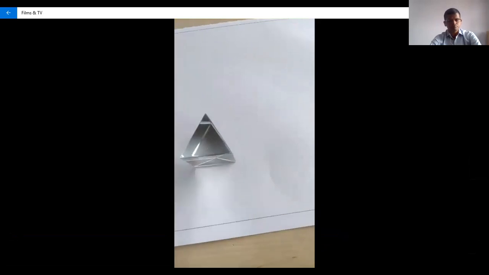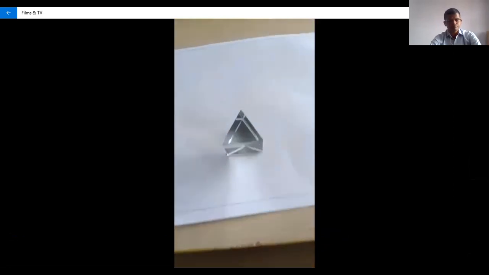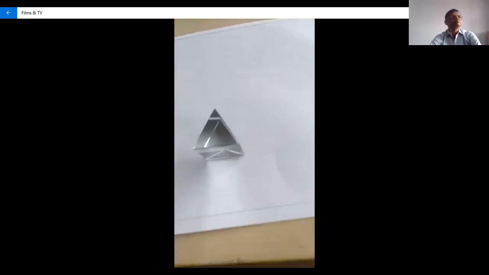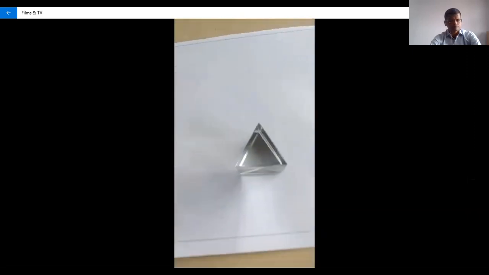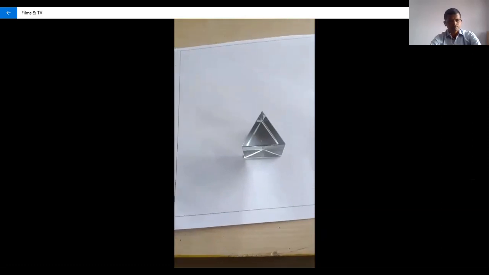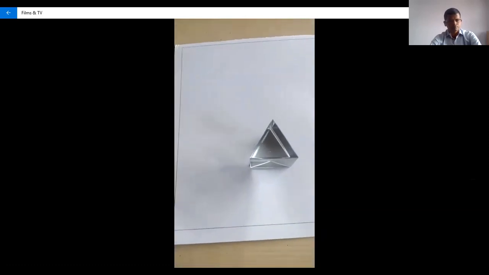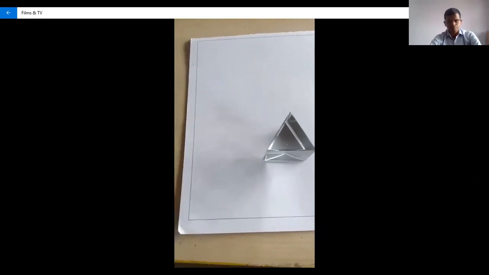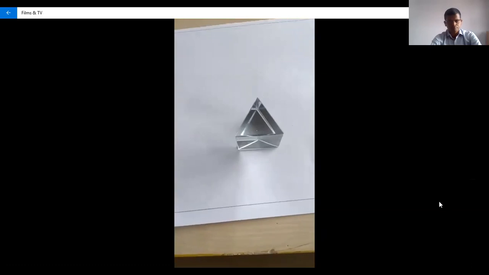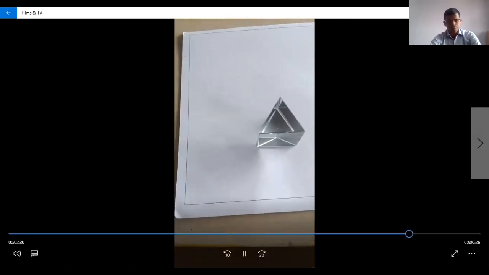In this year's syllabus we have 5 or 6 angles to perform, but in this live practical we show only one angle, 65 degrees of angle of incidence. Whatever angle you perform, one procedure is common.